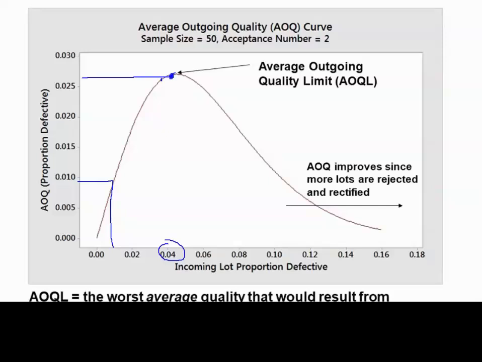Out here, we're rejecting more and more lots, and we're rectifying them, so the actual outgoing quality is going to be much better. It's just going to come at a huge cost. Down here, the quality level is really good, so we're not going to be rejecting many lots, so not a lot of difference between the incoming and the outgoing.